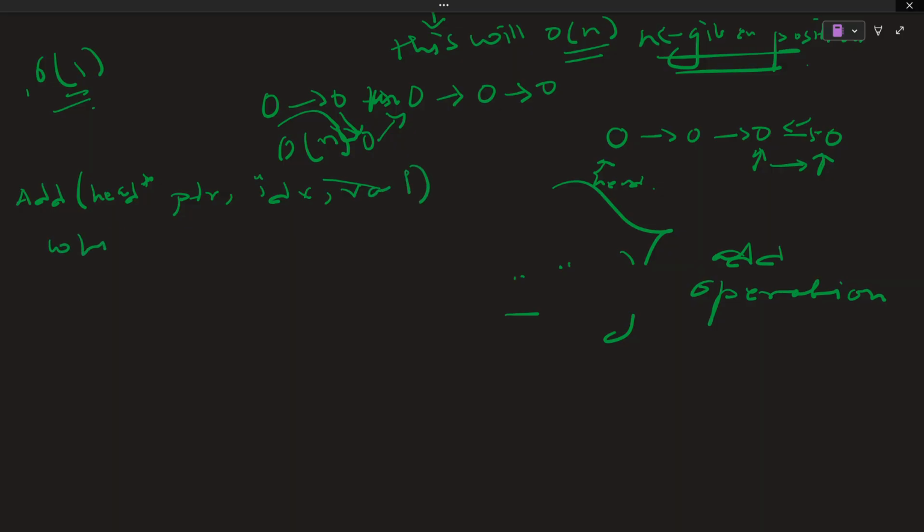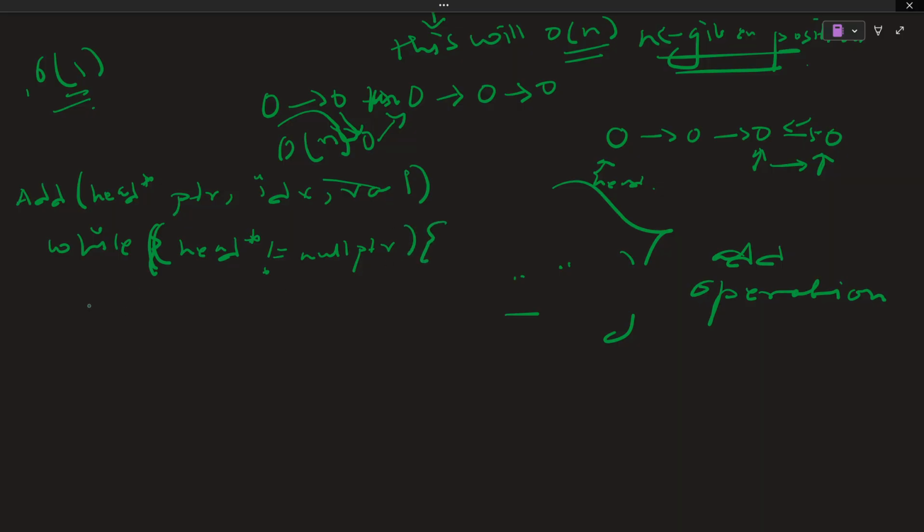When we do a while loop, while the head pointer is not equal to null, just a safety check, okay?